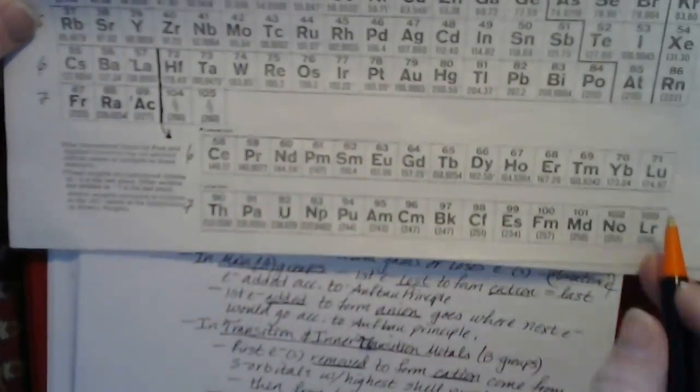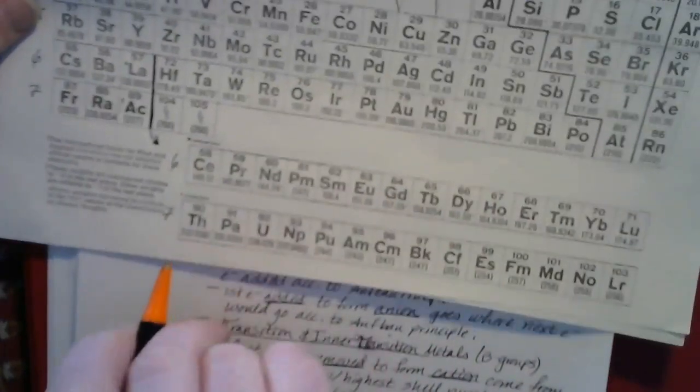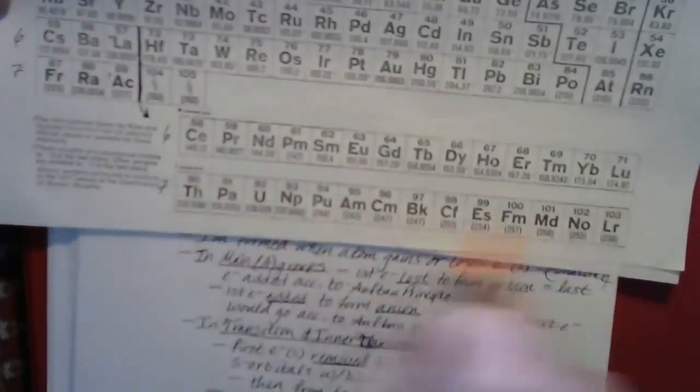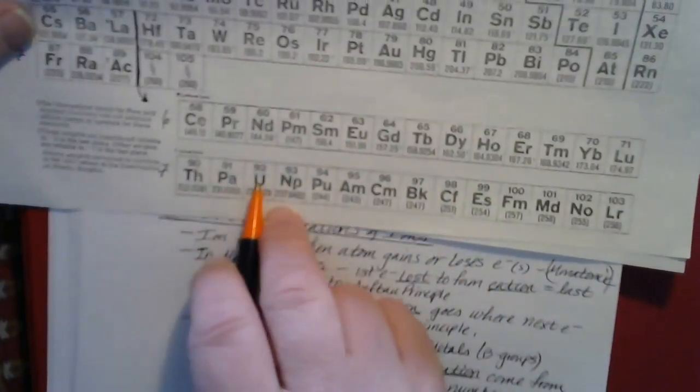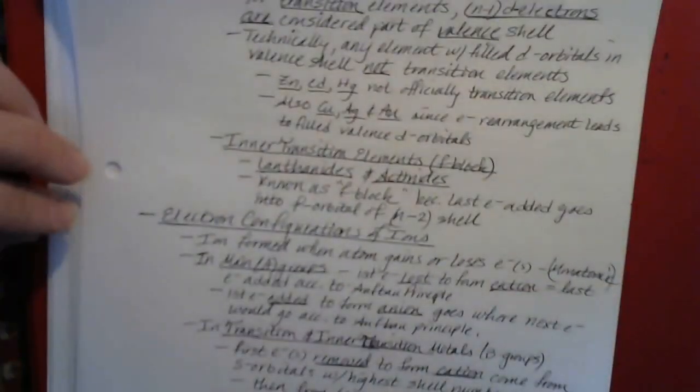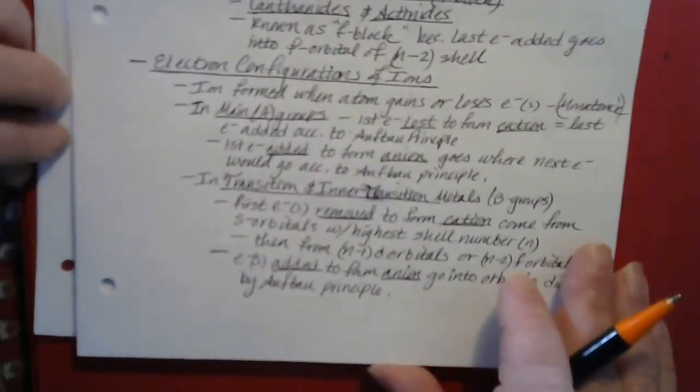And the same with thorium through lawrencium, I think that is. Yeah. So it'd be the same for those, only it would be 5F1, 5F2, 5F3, and so on. Okay. So that's why they're known as the F block.